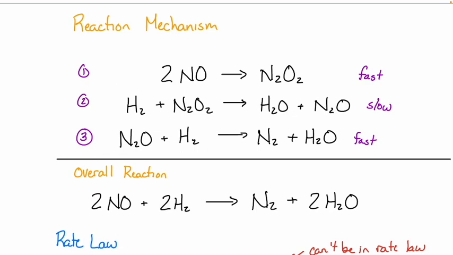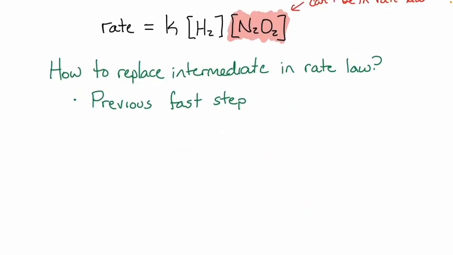Because that first step's fast, we can assume that it has come to equilibrium. So that previous first step, we're going to assume has reached equilibrium.